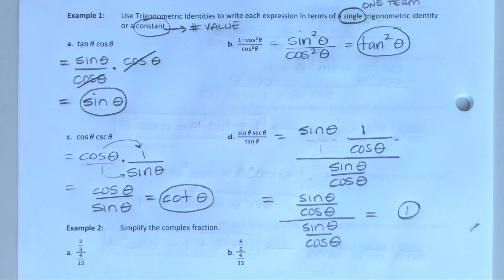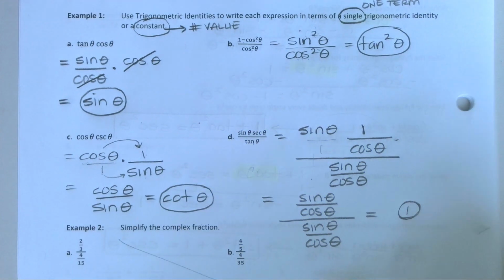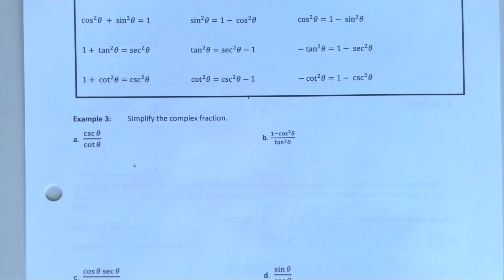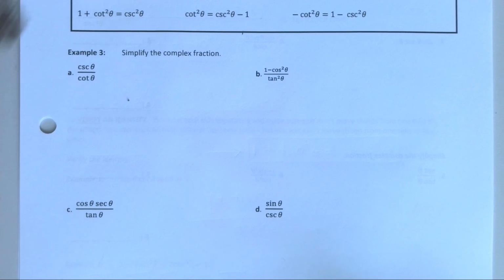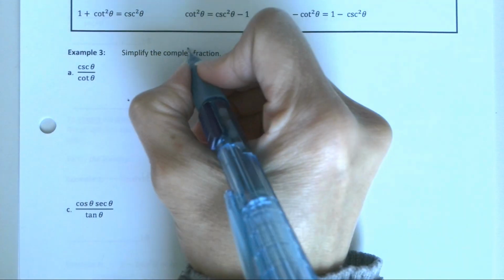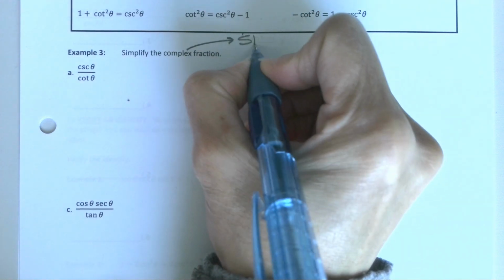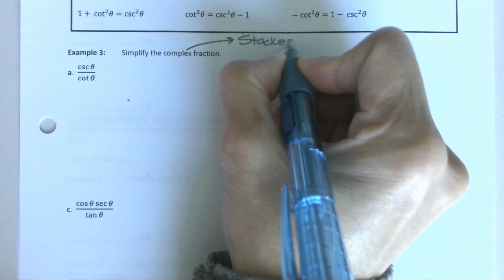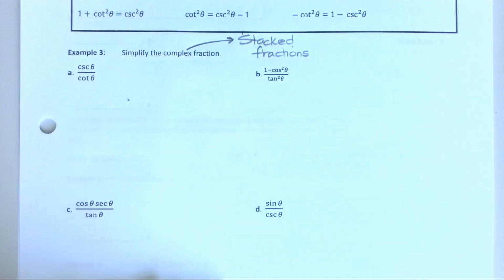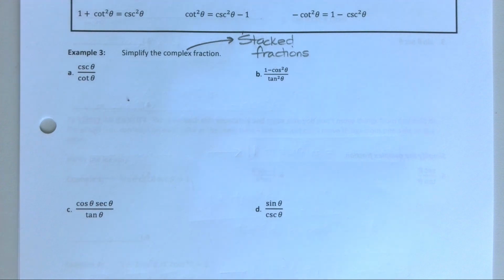Okay. All righty. This part here, don't worry about it. You guys have done enough stacked fractions, so you'll get the practice here on example 3. So here are your last 4. Complex fractions are another word for stacked fractions, okay? And you guys have done stacked fractions a lot, because when you did the unit circle stuff, if you did tangent, you had to do y divided by x, and y'all were dividing fractions all the time.